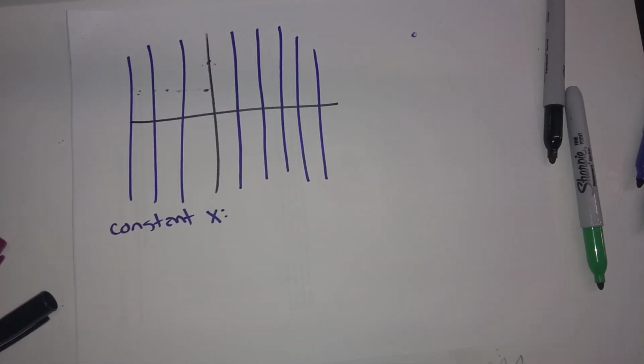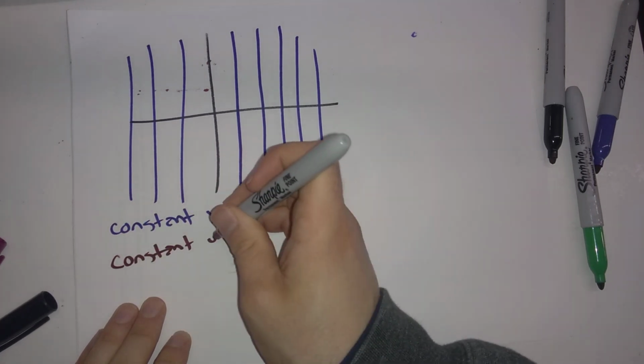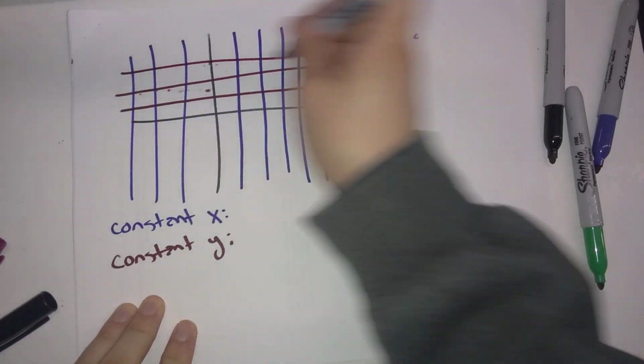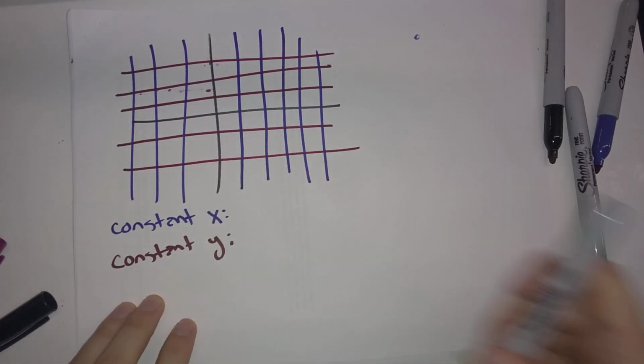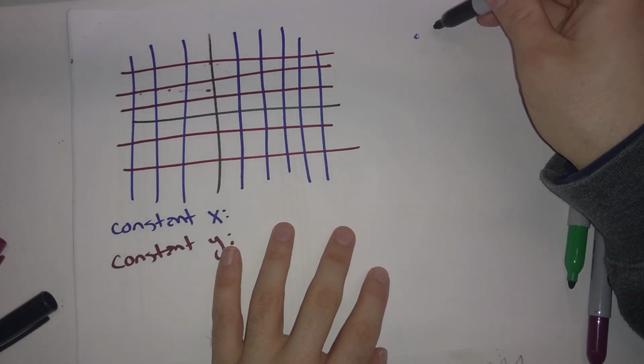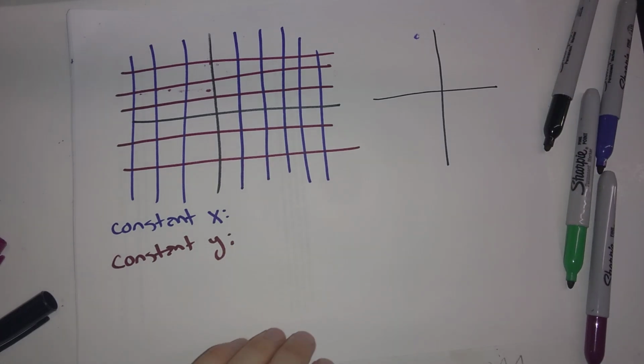So lines corresponding to constant x are vertical lines. If I were to think about constant y, here's y is 1, here's y is 2. Those are horizontal lines. Well, what happens if we ask the same question about constant r and constant theta?